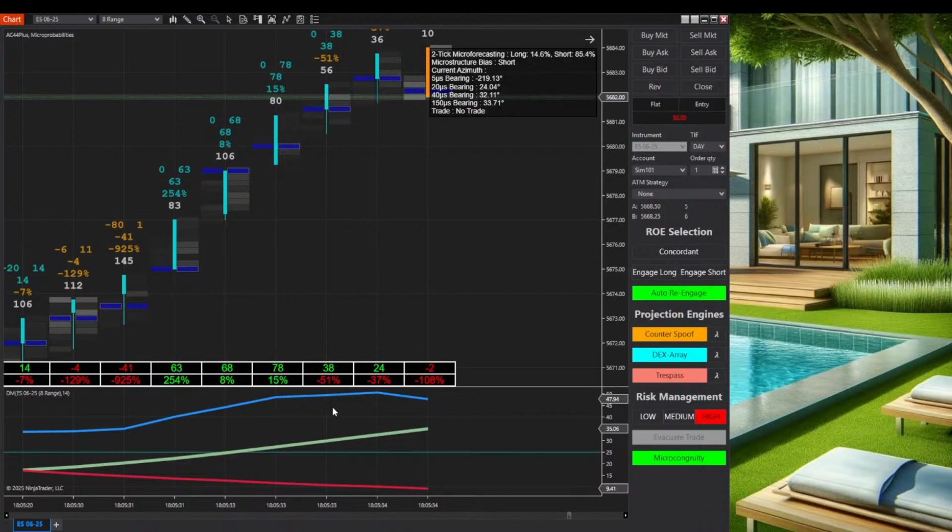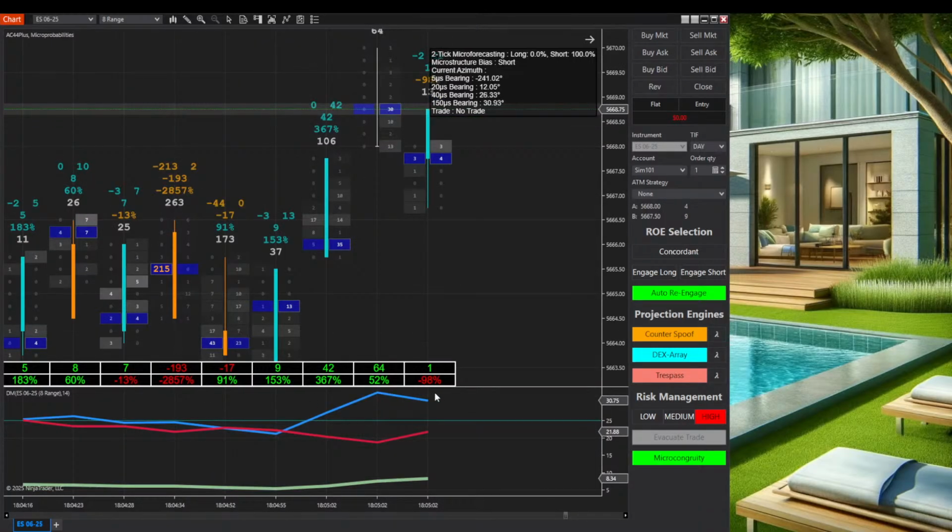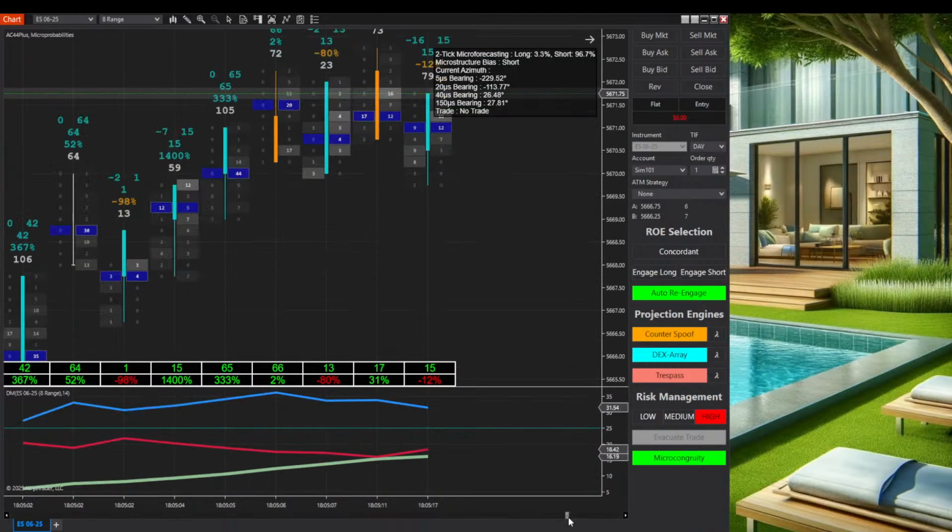Okay, but what if the momentum is lower? What if the green line is low? Momentum is low. So this perfect example is over here. This is bullish, but you can see the green line, the momentum, is low. So we're not expecting to move higher because, in our opinion, momentum is low.